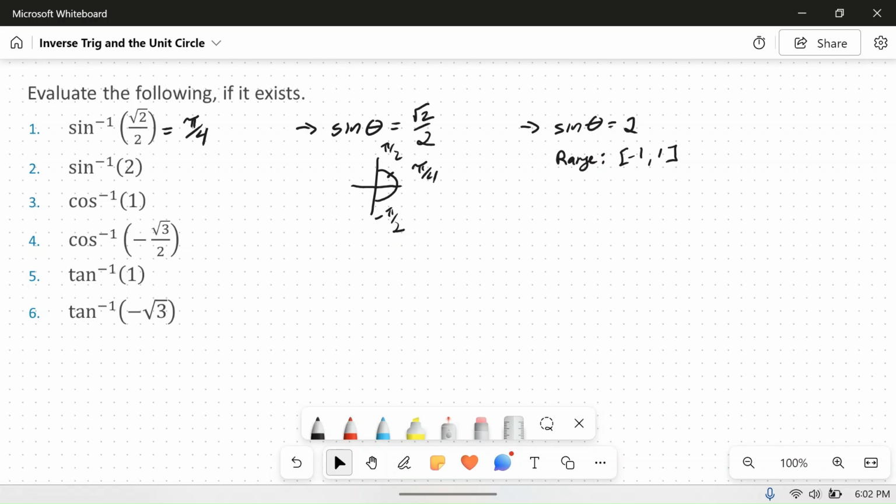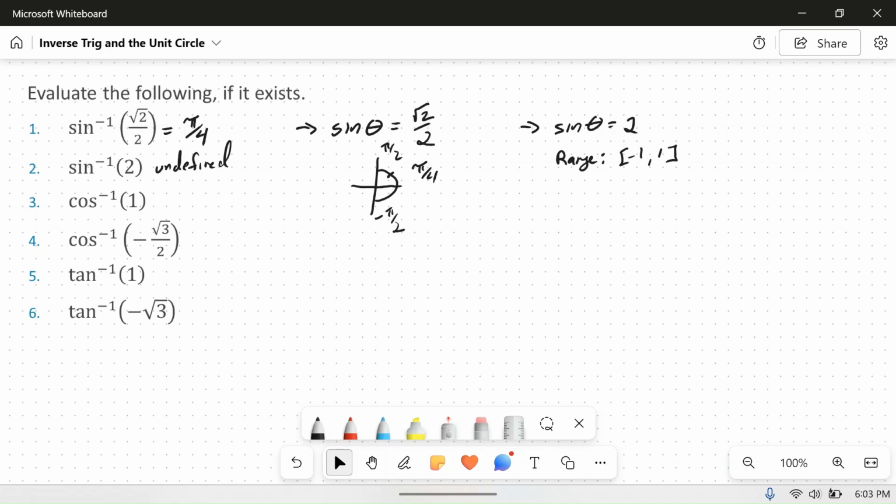So if 2 is not in the range of sine, then it's not in the domain of inverse sine. So that means the inverse sine of 2 is undefined, because it is not in the domain of the inverse sine, because it's not in the range of regular sine.